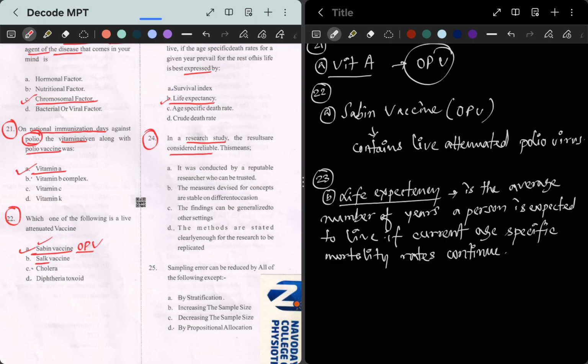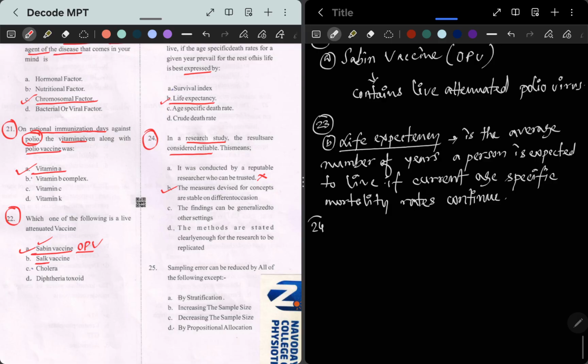The results are considered reliable, which means the measures devised for the concept are stable on different occasions. That is the correct answer. Question number 24, the answer is B.